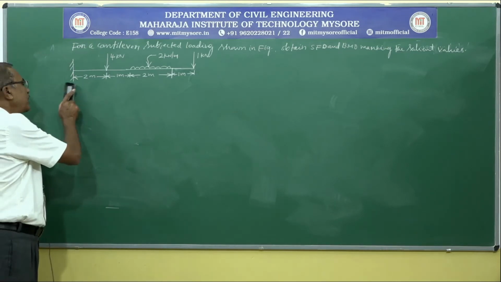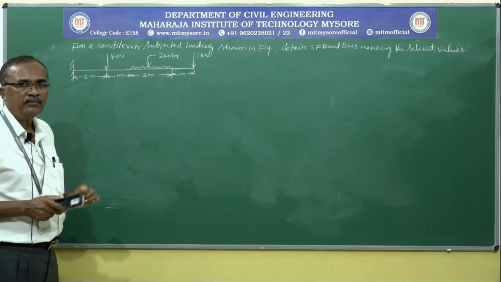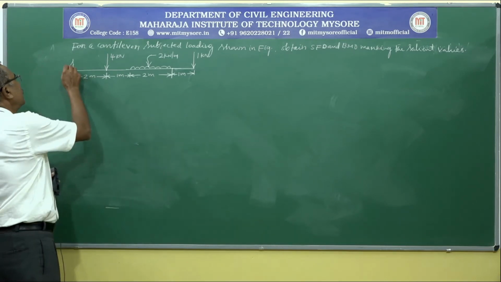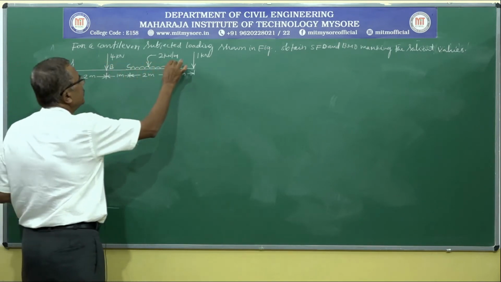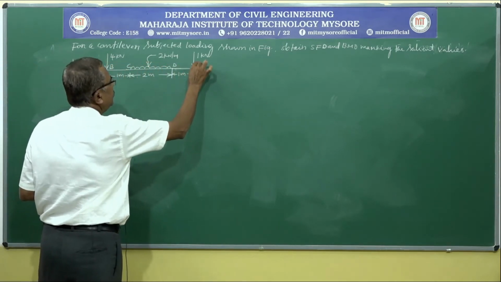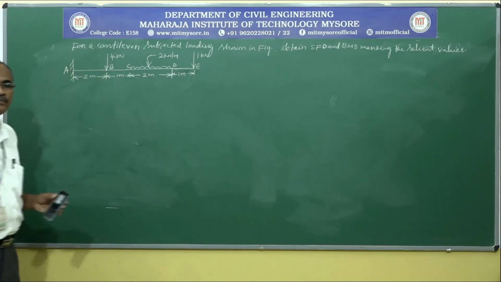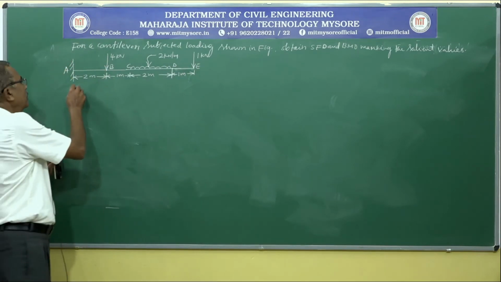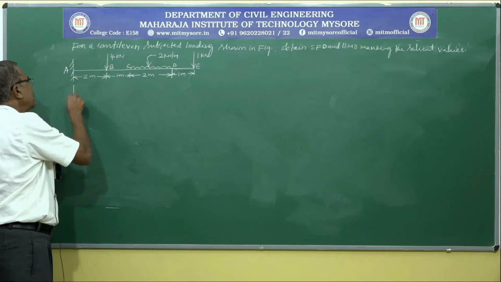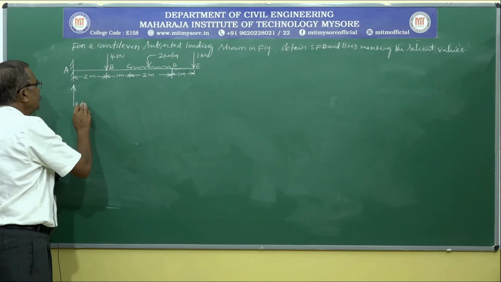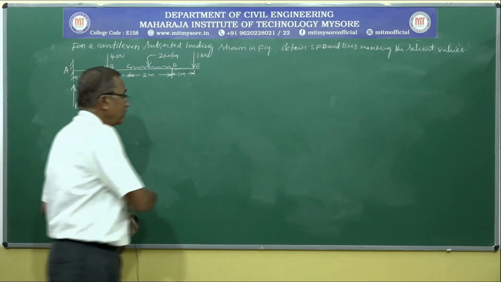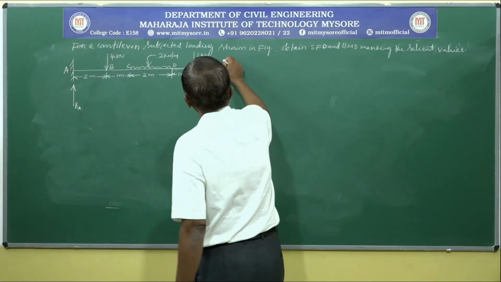So, after understanding this loading diagram, again let us mark the salient points A, B, C, D, E. Now, let us mark the reaction at A, RA. Solution.